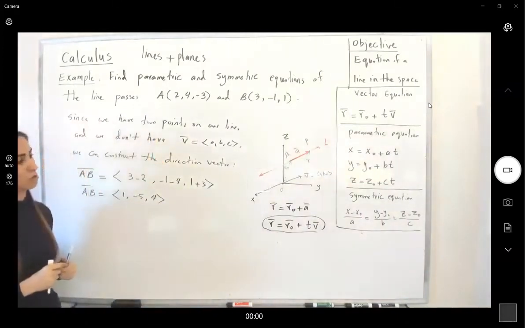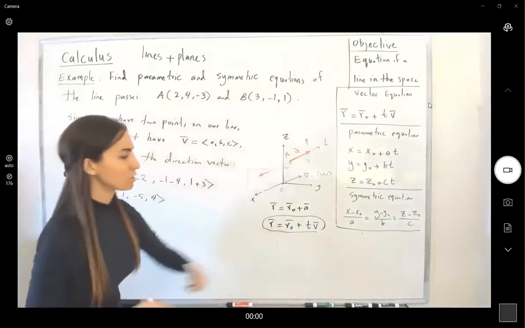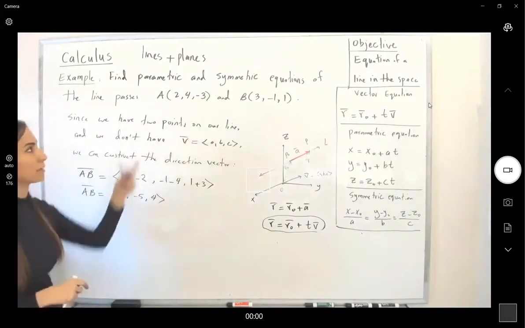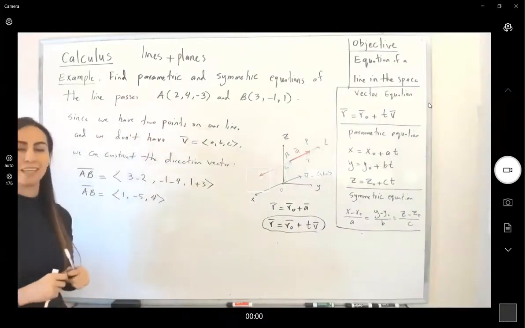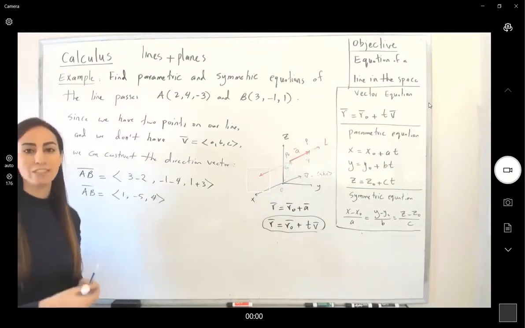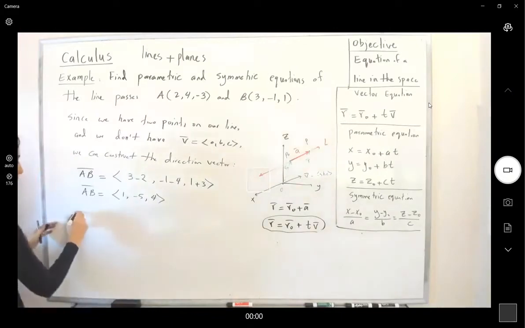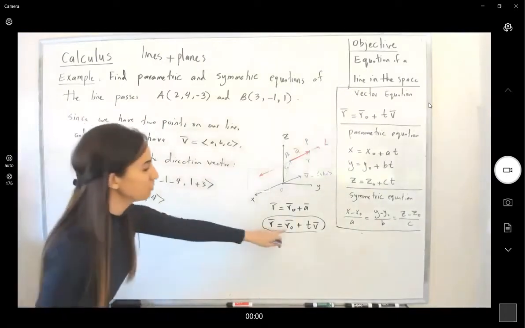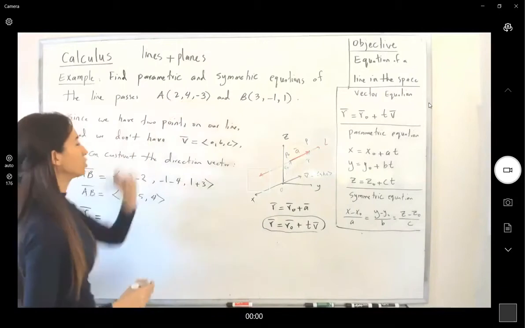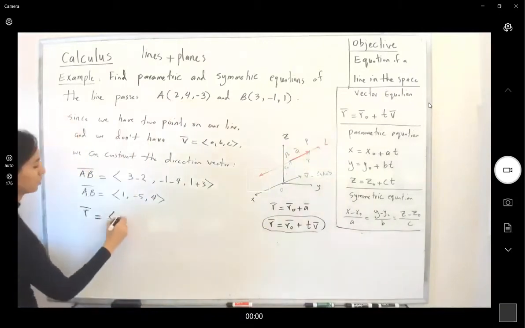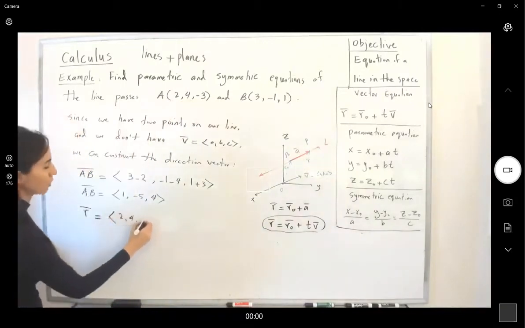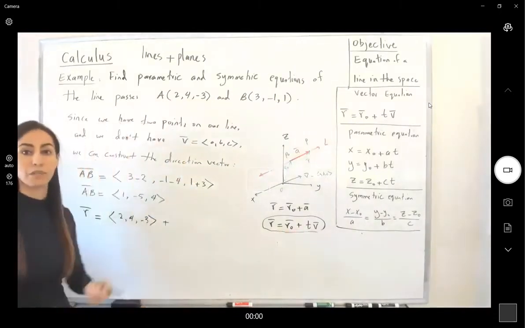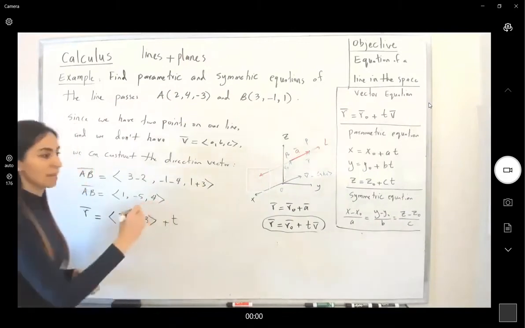Perfect. So what is your r sub 0? Which point should you select? It doesn't matter. Let us use point A and construct vector r sub 0. So your vector r, which is the sum of r sub 0 connecting the origin to point A, is going to be (2, 4, -3) plus t, where t is a parameter, a variable, so you have to copy it down.